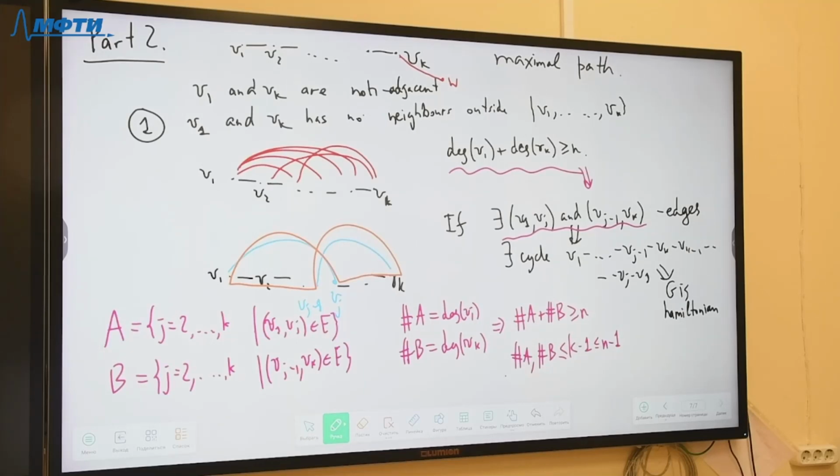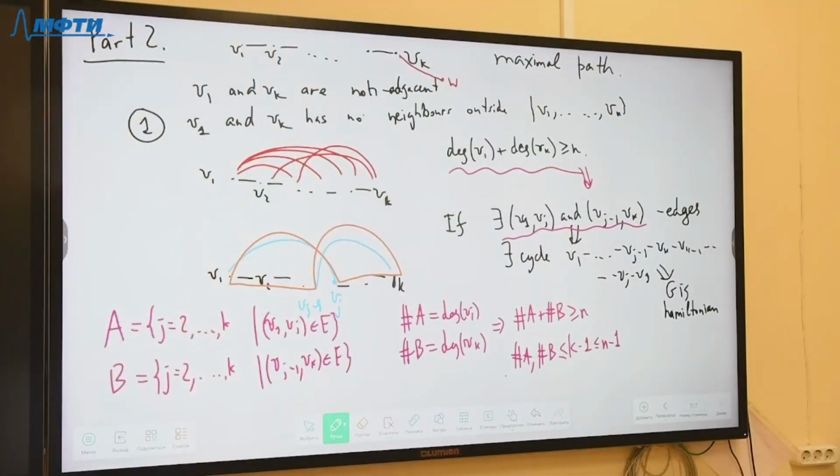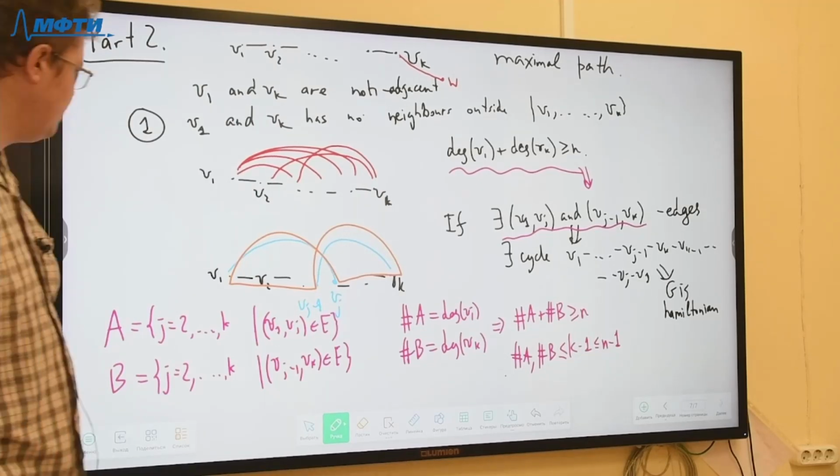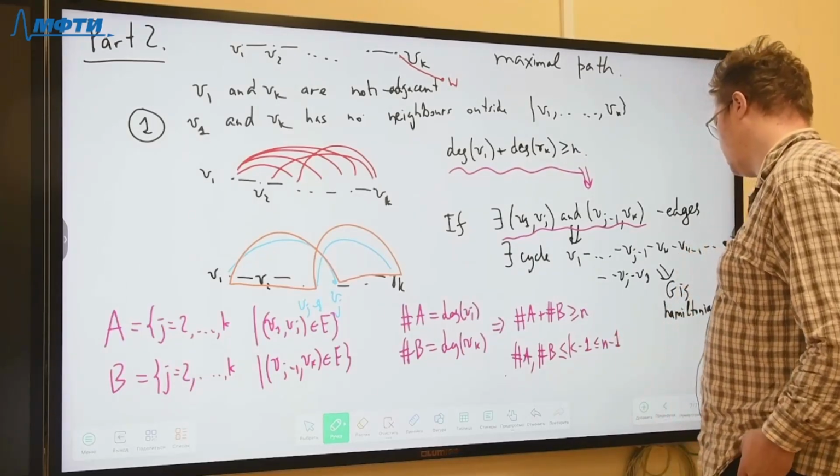So just if I knew that the number of elements in A and B is greater than n, yeah, so I just wrote here.